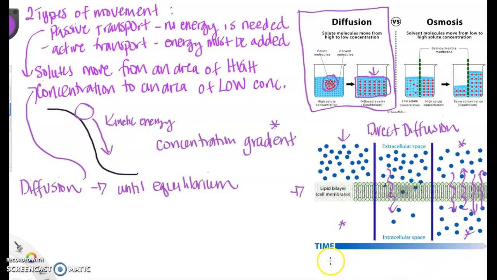Things that can do direct diffusion are oxygen, carbon dioxide, and water. Okay, also fats, steroids, which are just basically fats. Those things can go right on through the lipid membrane.